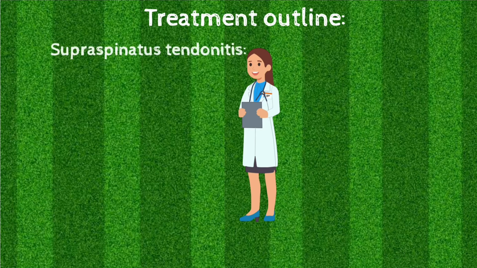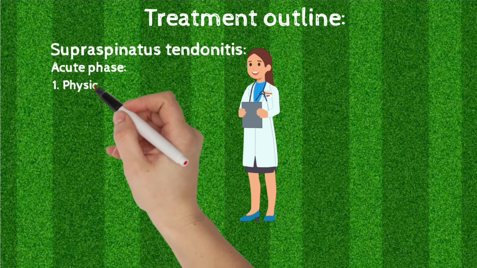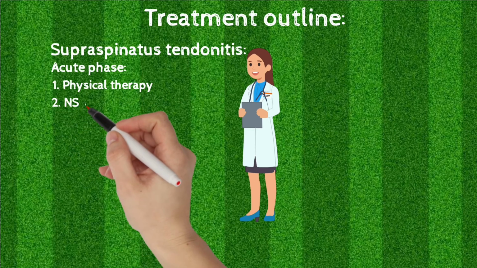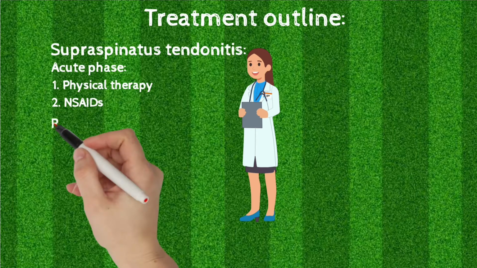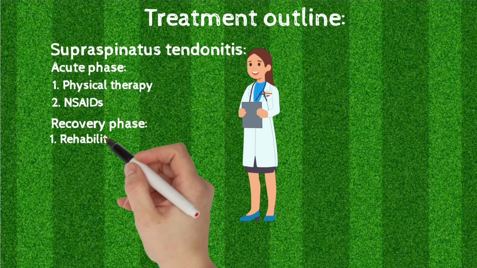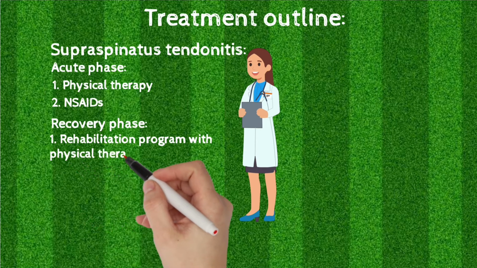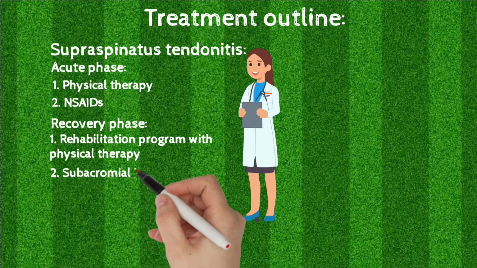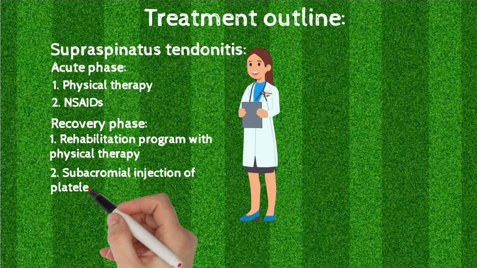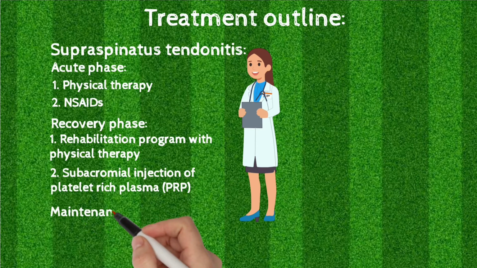Now, let's know the treatment outline of supraspinatus tendonitis. In acute phase, we give physical therapy, NSAIDs. In recovery phase, give rehabilitation with physical therapy, subacromial injection of platelet-rich plasma, shortly PRP.